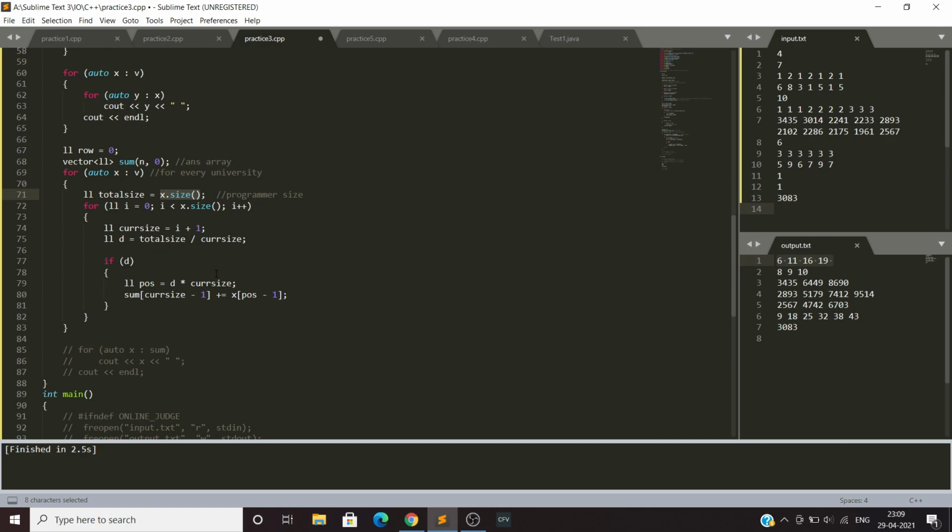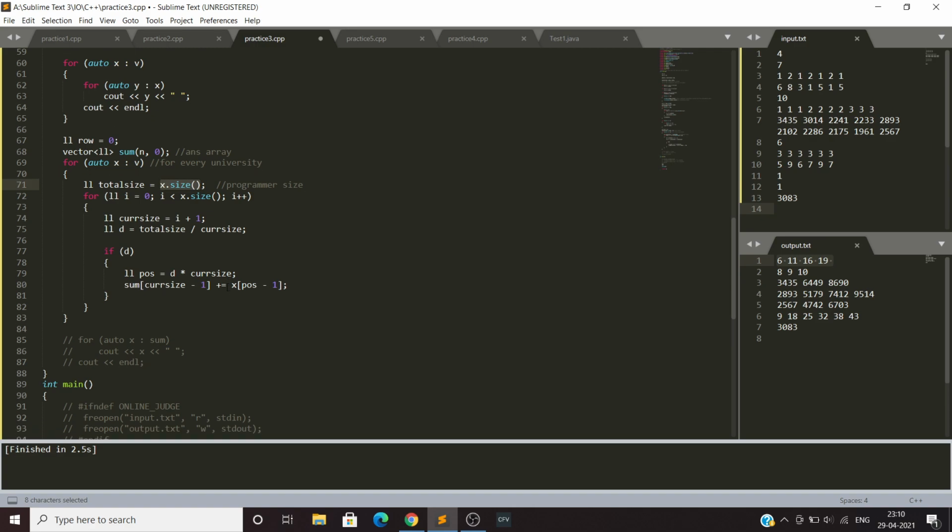So after doing that, for every i, we are finding the maximum index at which we can add the prefix sum. For i equal to 0, for the first university, the total size is 4. Let me use this example to make you understand.